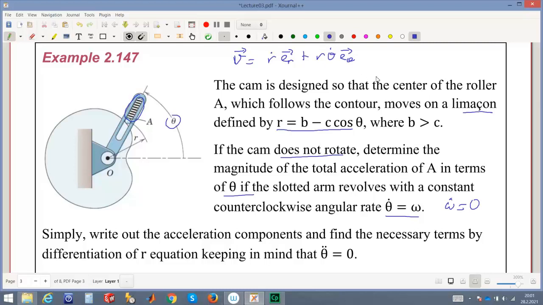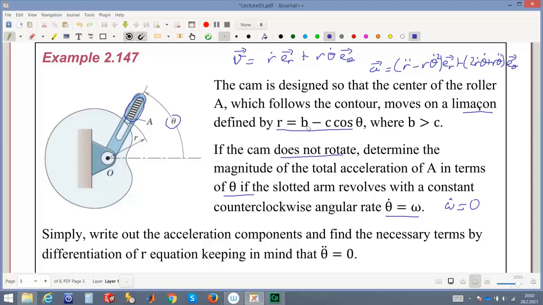In the acceleration term, we have r double dot minus r theta dot squared e_r plus 2 r dot theta dot plus r theta double dot e_theta. That means we need to calculate r double dot and also r dot.